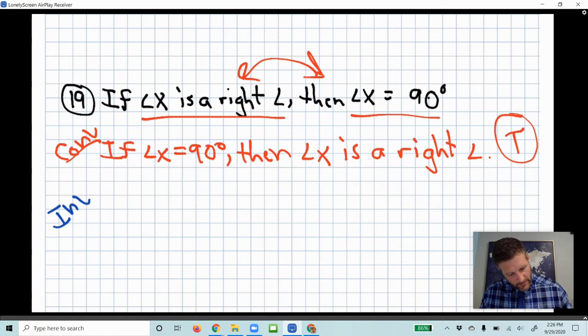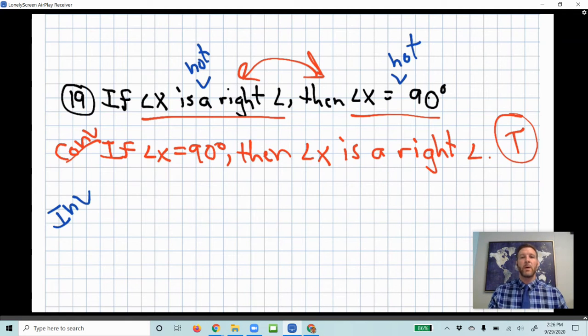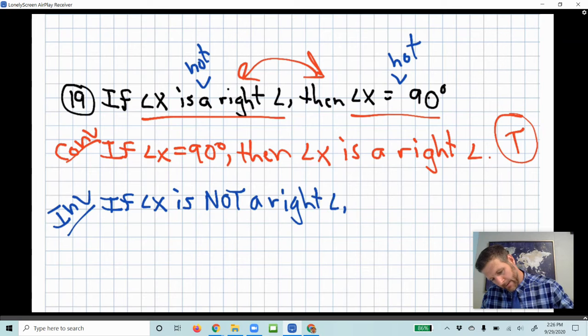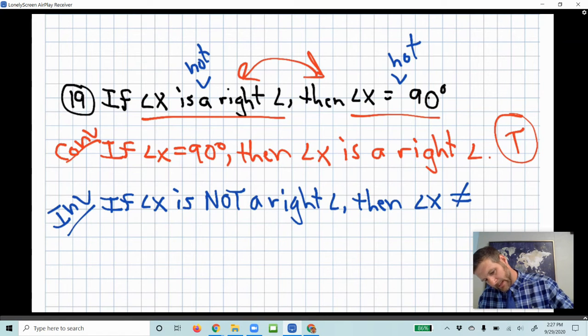Inverse. So now for the inverse, we're going to insert our not. We're going to keep it the original way, but insert the not. So we'll say, if angle X is not, I'll write it in caps, a right angle, then angle X doesn't equal 90 degrees.